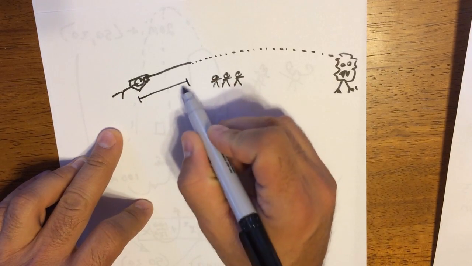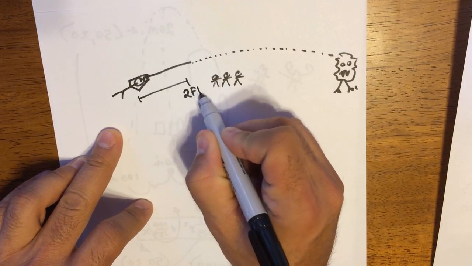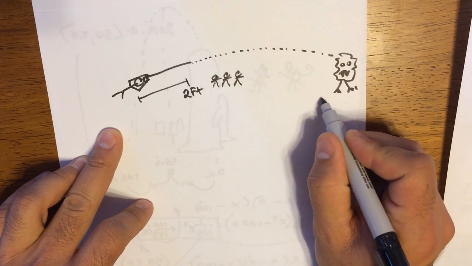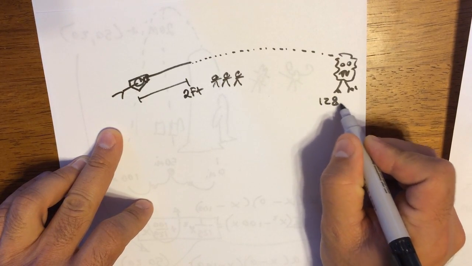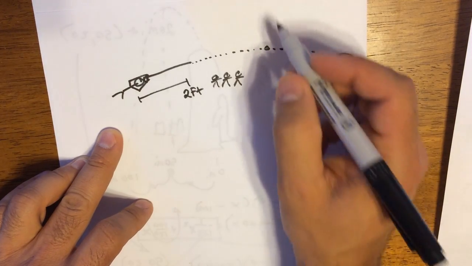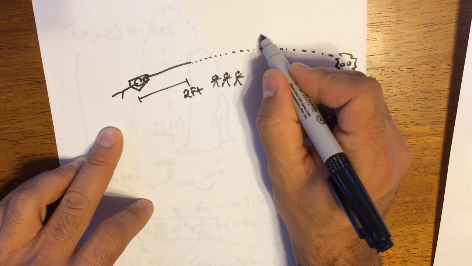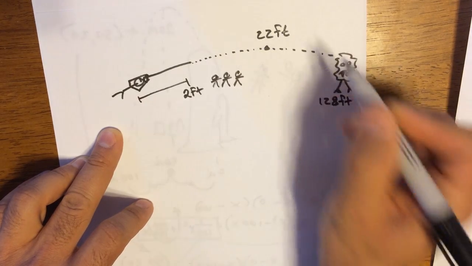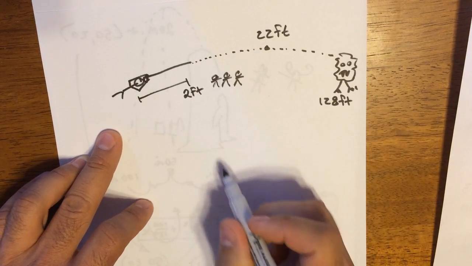Well, his rifle is 2 feet long. So the starting point is actually 2 feet away from him. The monster is 128 feet away. He knows that the highest point, the vertex, is going to be, let's say, 22 feet. So he's going to be given all this information.